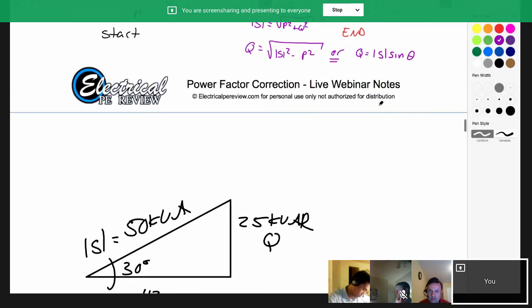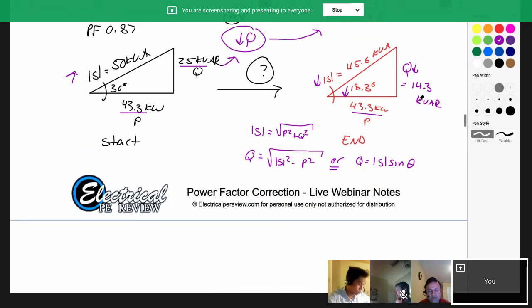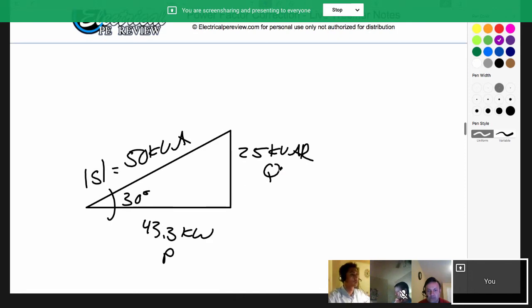So that new Q value was 14.3, right? So I'm going to say that's right about here. 14.3 kvar. I'm going to call that Q new. And we'll call this Q old. So in essence, we want to find that difference, don't we?